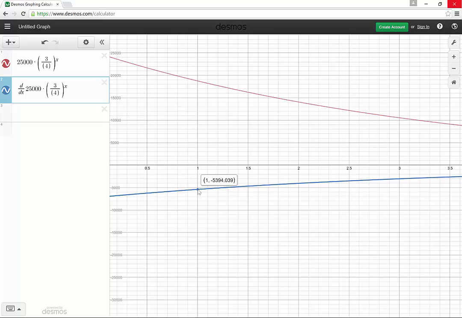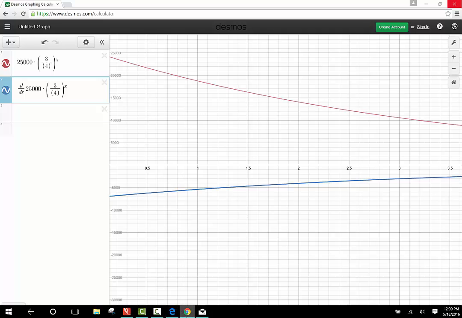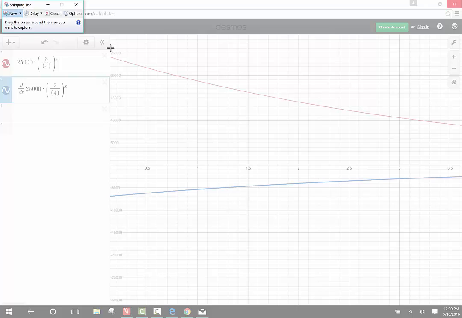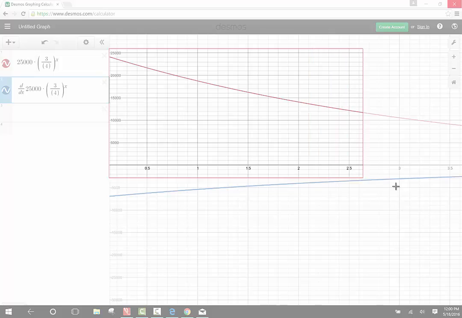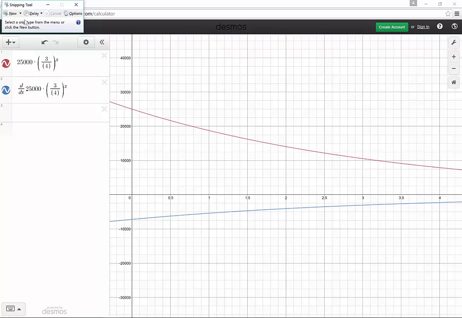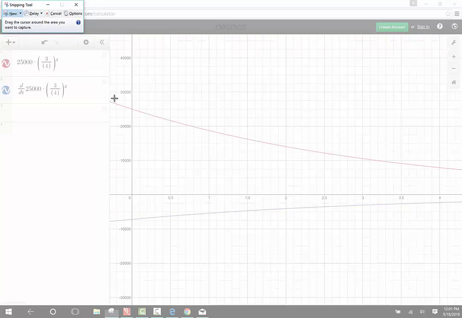Let's get our snipping tool. So here's our graph. Copy and go back.